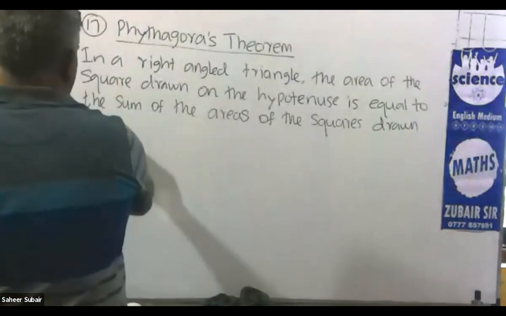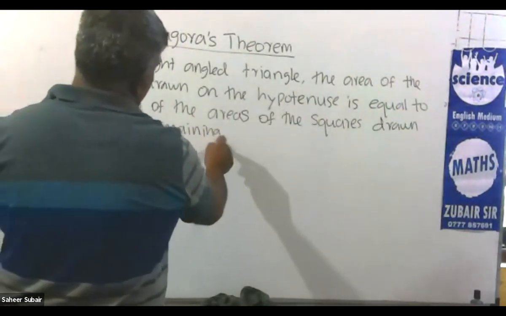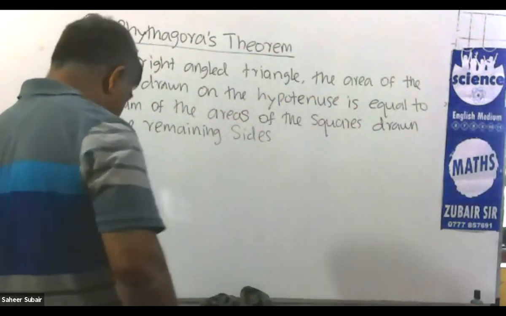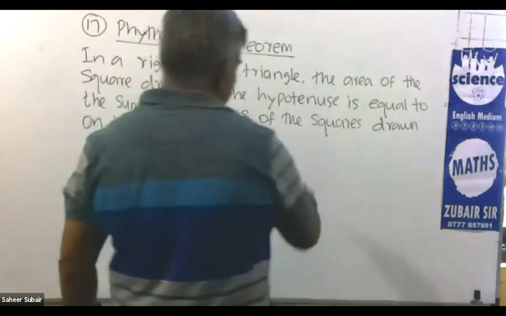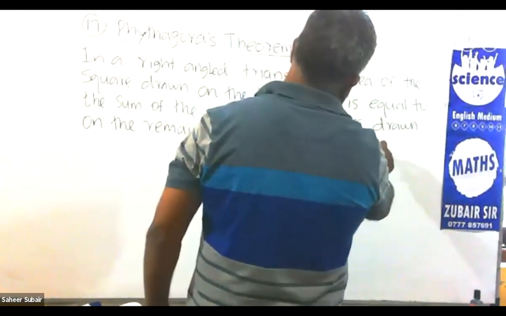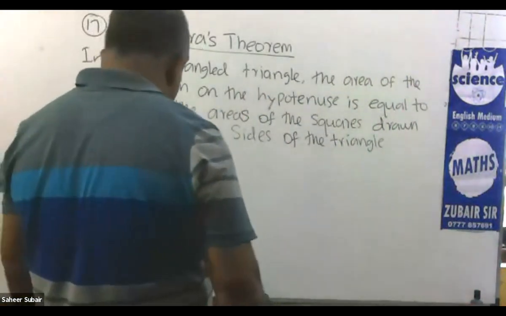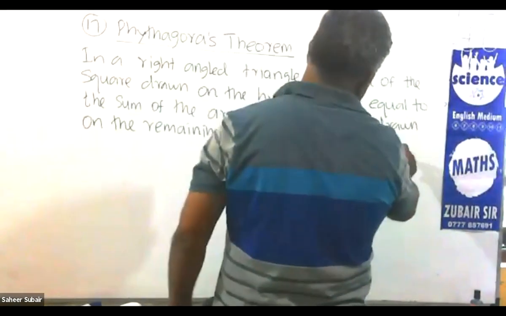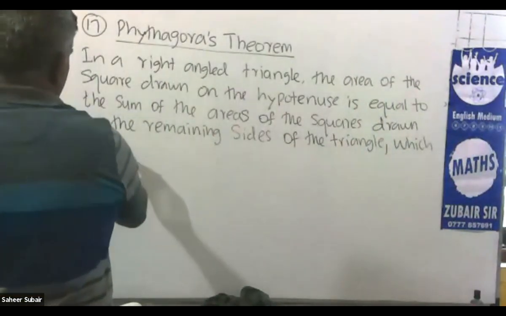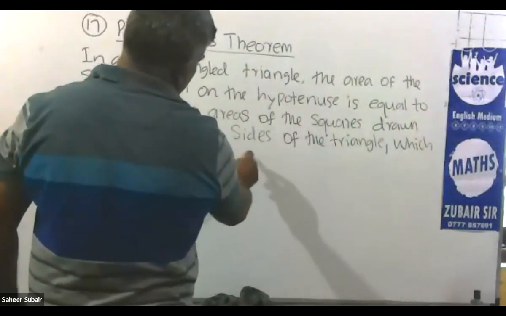Drawn on the remaining sides of the triangle, which includes the right angle.